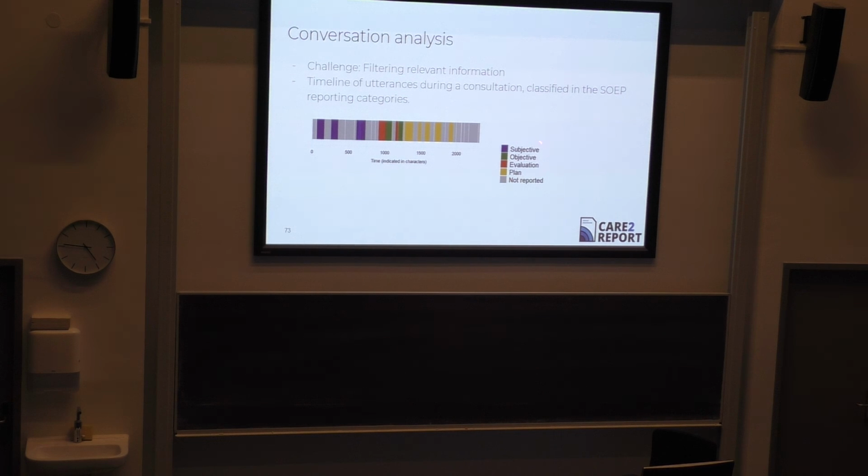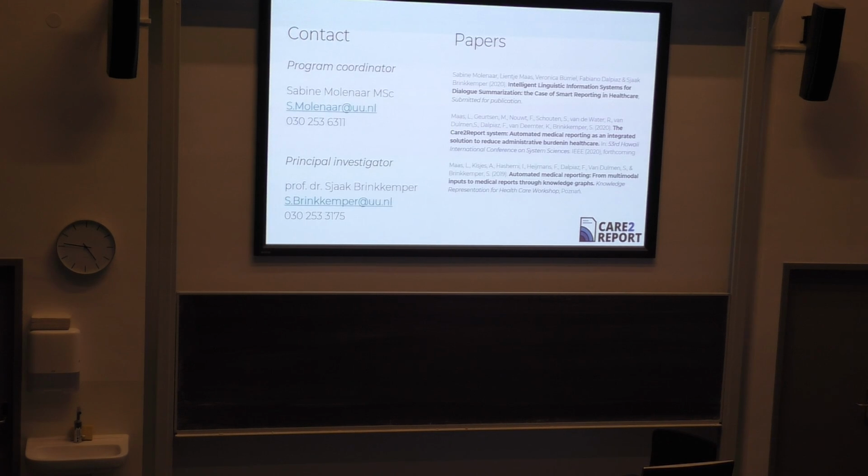When you have those SOEP classes, you see that in fact many parts are not relevant. So how do we identify those irrelevant parts, so that you can also reduce the graph algorithm? We're working on that together with Sabine and Fabiano and a lot more.